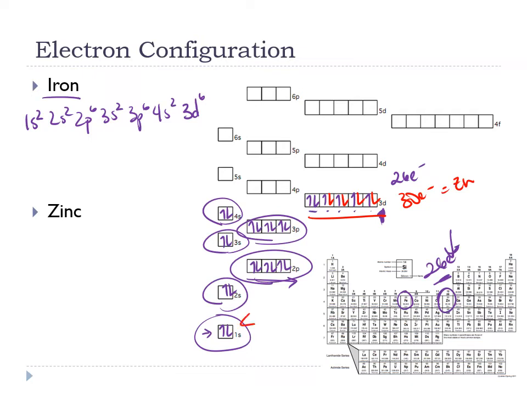Same idea, we're going to start with 1s2, 2s2, 2p6, 3s2, 3p6, 4s2, 3d, 2, 4, 6, 8, 10, 3d10. That's zinc. Good.